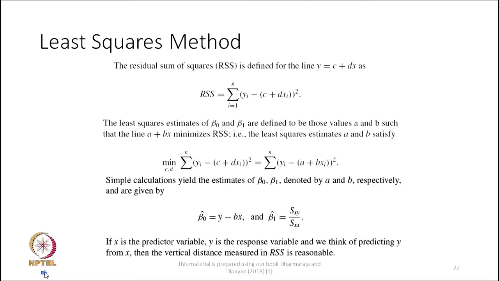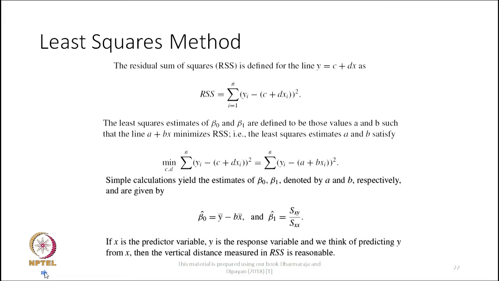From there you can estimate beta naught and beta 1. First, you create the residual sum of squares, which we call RSS, that is the sum of the squared differences between yi and c plus d times xi.